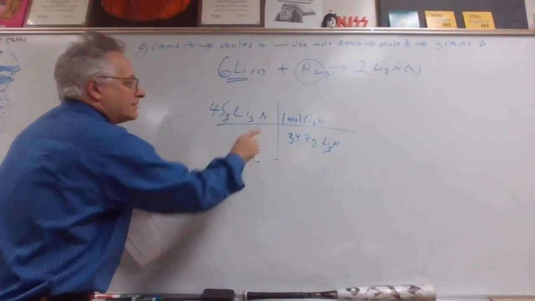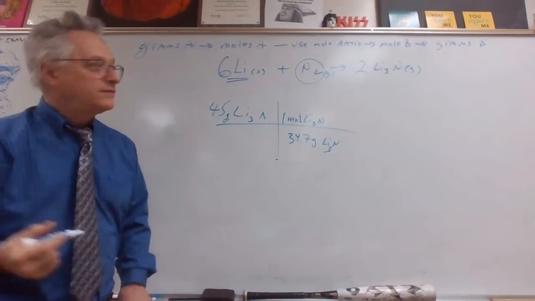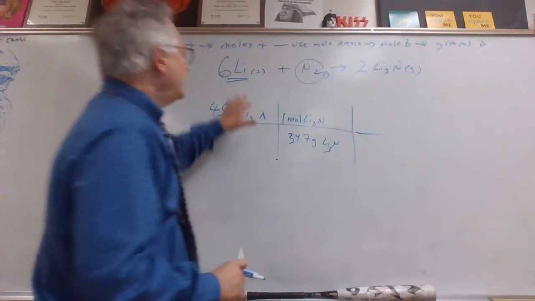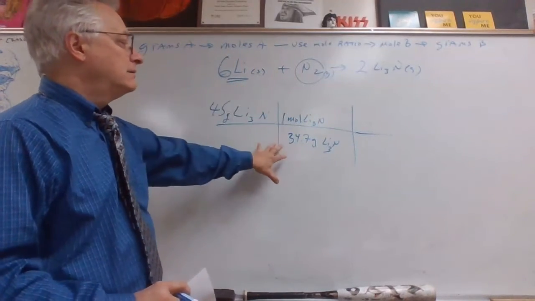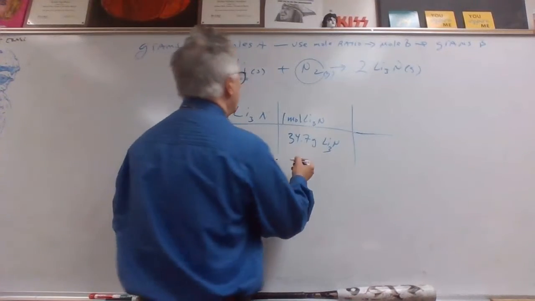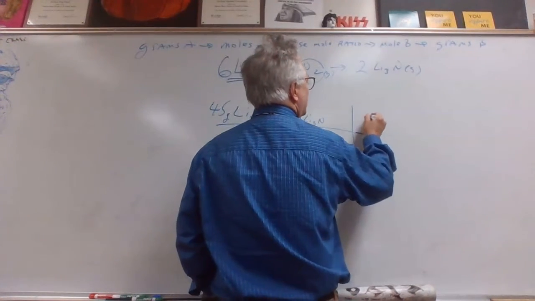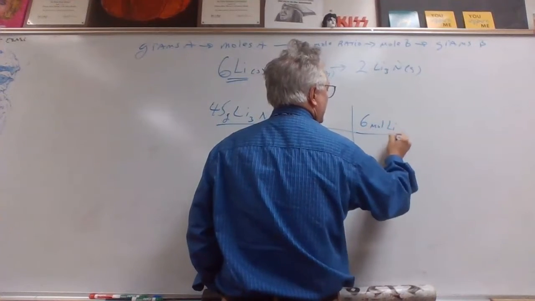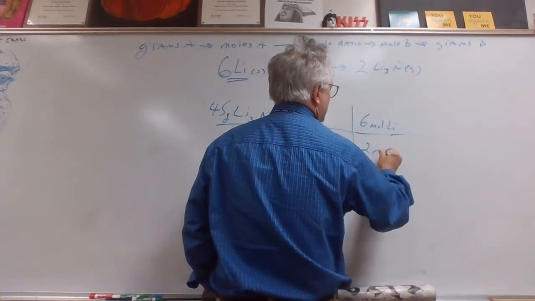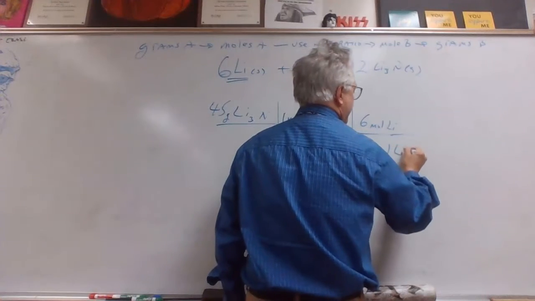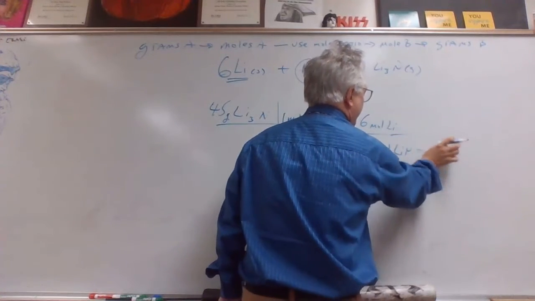So you can see we have a little bit more than 1 mole, which is fine. And now we need to figure out how many grams of lithium I need to make this amount. Well, the molar ratio says I have 6 moles of lithium to every 2 moles of lithium nitride, Li3N.